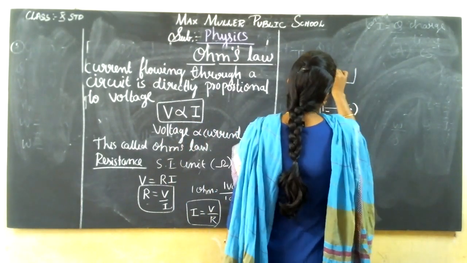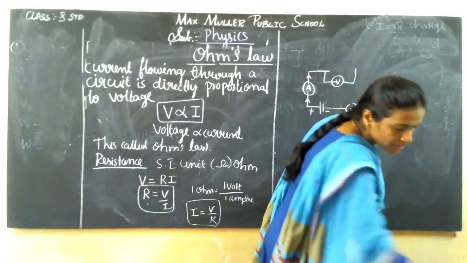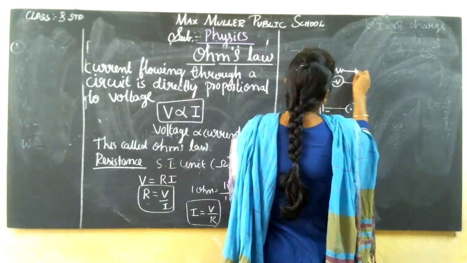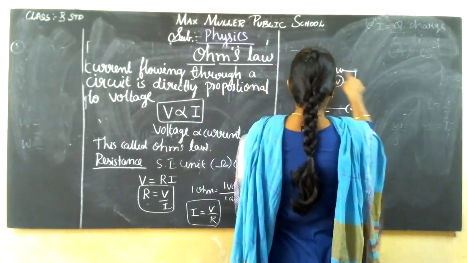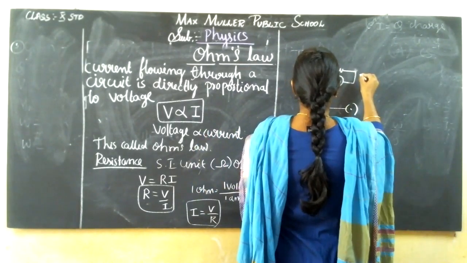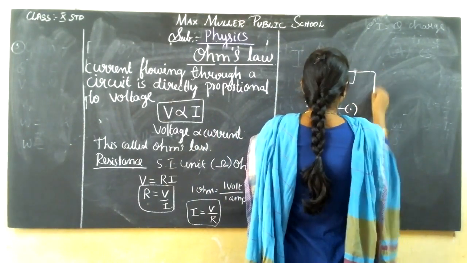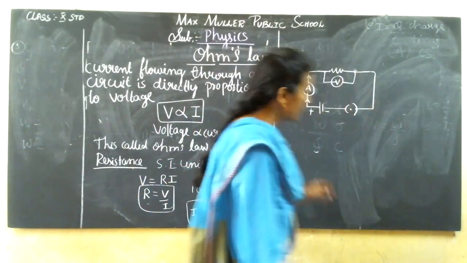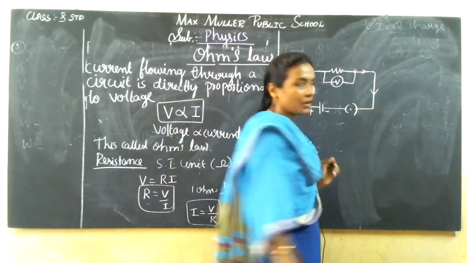Resistance you are not learning till now, but I will keep a resistance also. This is how the current is flowing, and this is our circuit diagram. This is the direction of the flowing current.